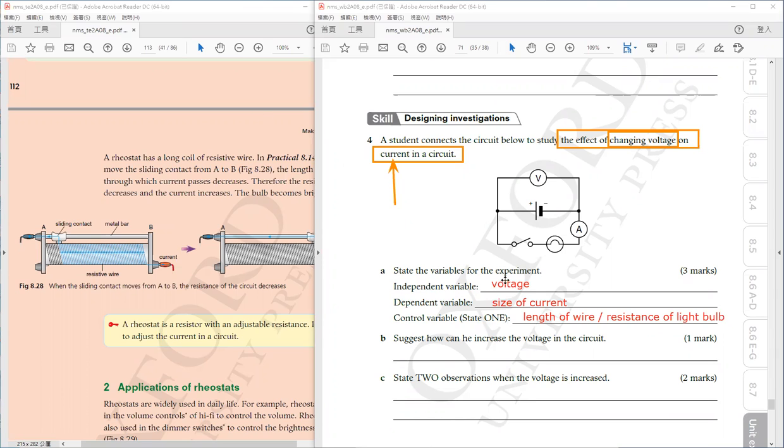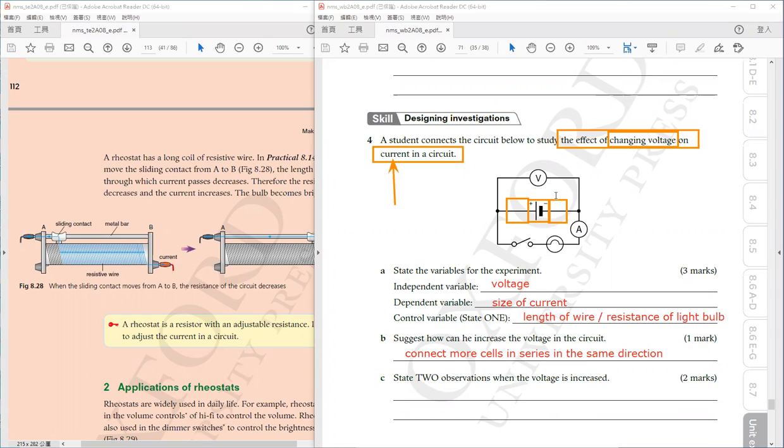So question B, how do we increase the voltage? Now we just have one cell. You can connect more cells here. You can connect more cells in series, of course in the same direction.